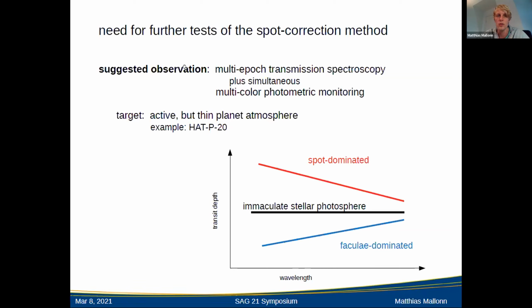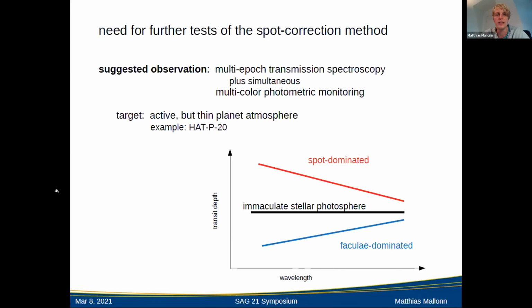The suggested observation would be, in principle, like for the case of GJ1214, to have multi-epoch transmission spectroscopy plus simultaneous multicolor photometric monitoring, at best from an active star, but with a planet with a very thin atmosphere, because at the moment we just want to learn about the spot correction and not have the slope in the transmission spectrum also degenerate with features of the planet atmosphere.